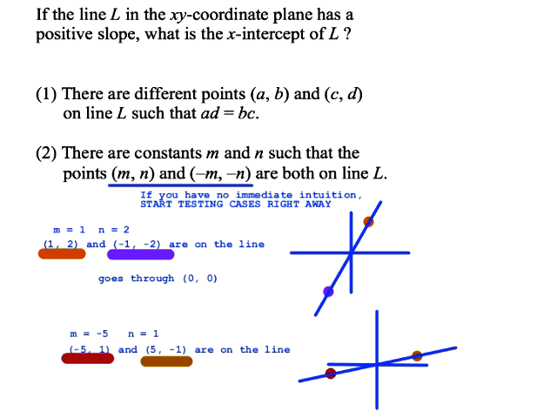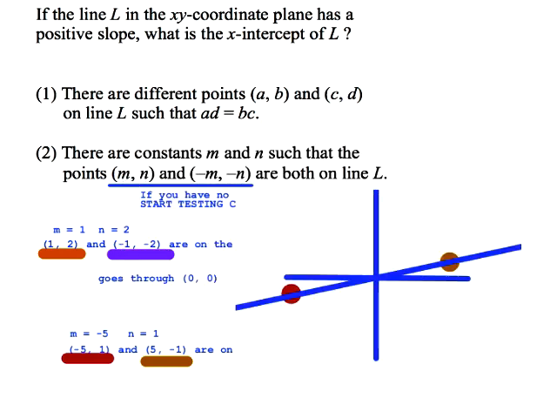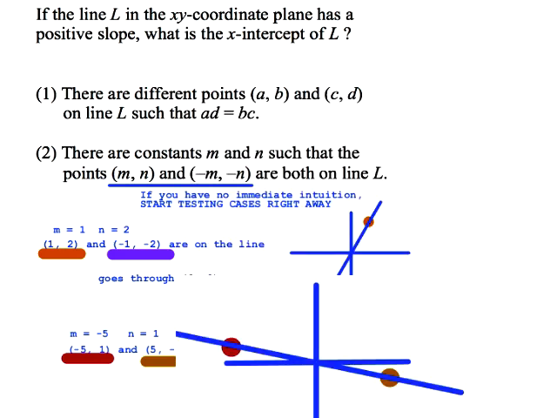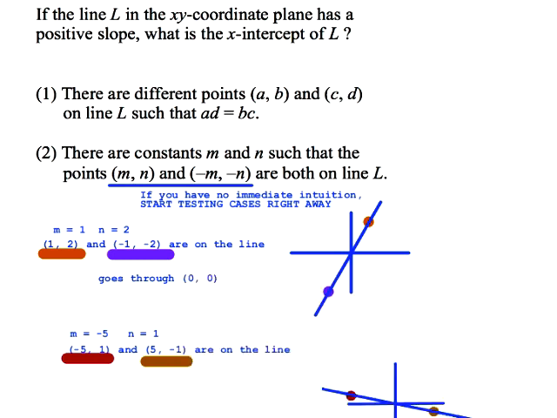So I think I did that backwards. I did, didn't I? Yep, I did. Okay. This is upside down. It's supposed to look like that. That's what it actually looks like. Okay.